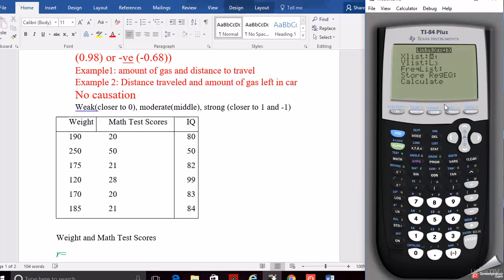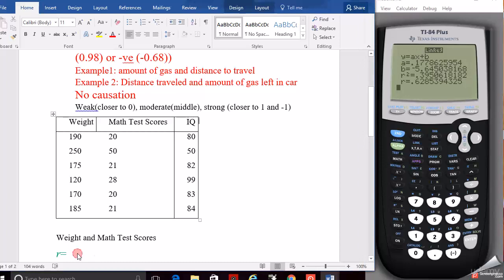You can see Xlist has weight, L1. Ylist should have the second variable, in this case math test scores, which is L2. So I'm going to change this to L2, second 2. That's all we need. So we go to calculate, and you can see right there the last output is what we need. That's the correlation coefficient, 0.6285.